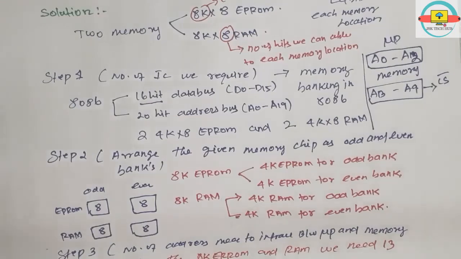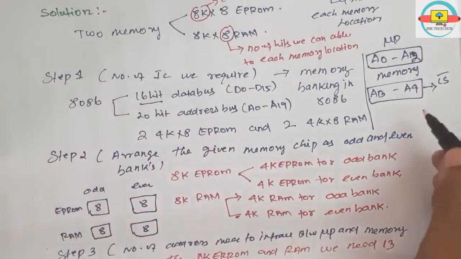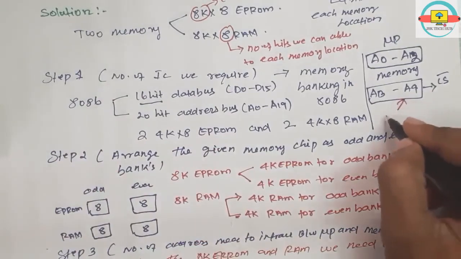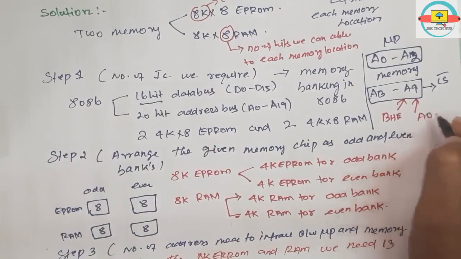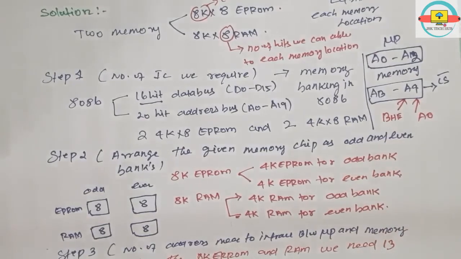Along with A13 to A19, we also include the BHE signal and the A0 signal to select the respective RAM and ROM type memory, odd bank and even bank.